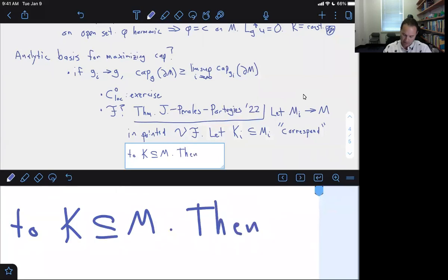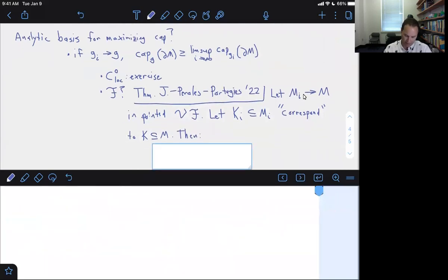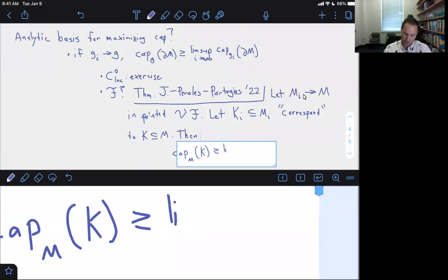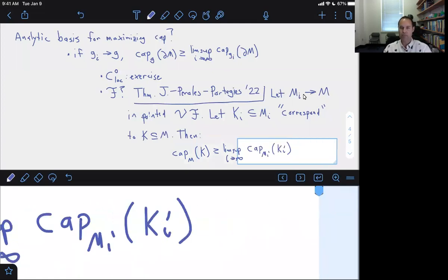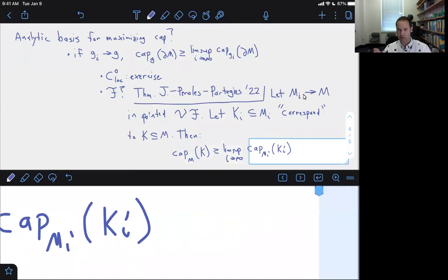Then you get the capacity going the way you'd want it to. So the capacity measured in M of K is bigger than or equal to the lim sup of the capacities in M_i of K_i. To give one example of corresponding regions, they could all be balls of the same radius centered around converging points.